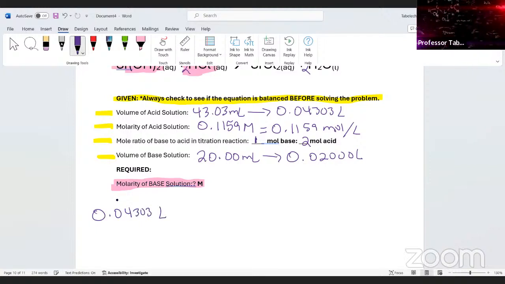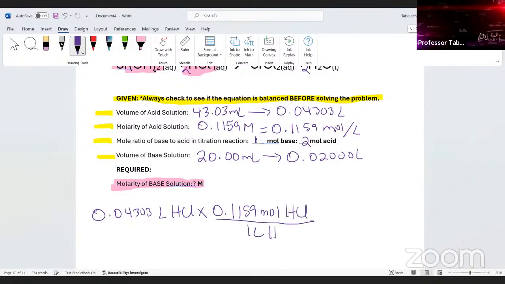0.04303 liters of HCl times, I'm going to use my molarity right here, 0.1159 moles of HCl over 1 liter of HCl. All I'm going to do next is cancel out my liters because I don't need that anymore.